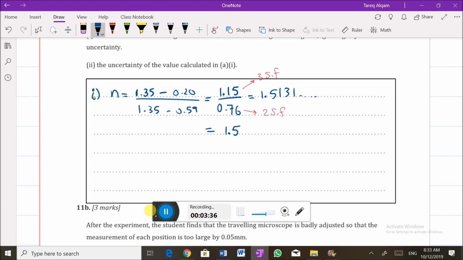In part two, we are asked about the uncertainty. Now here we have addition and multiplication in this type of question. We have addition of the uncertainty and multiplication. So first of all, I have to find the uncertainty in x3 minus x1 and the uncertainty in x3 minus x2. Then I have to add their fractional uncertainty.